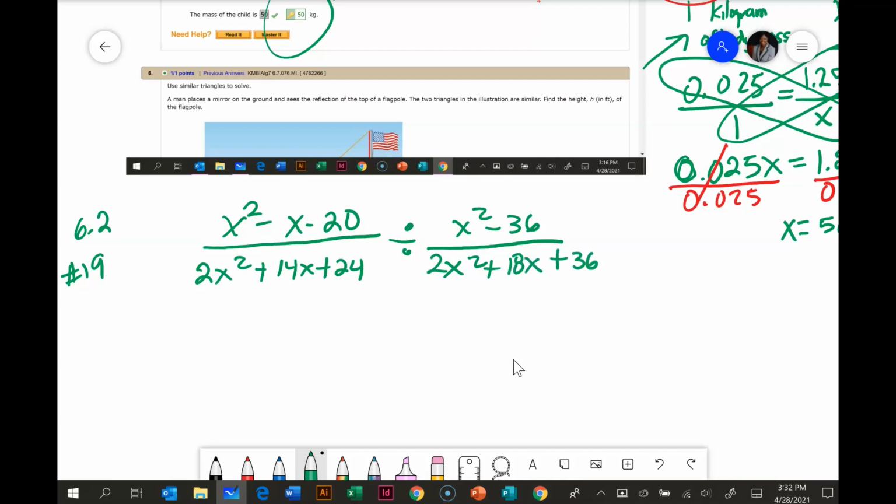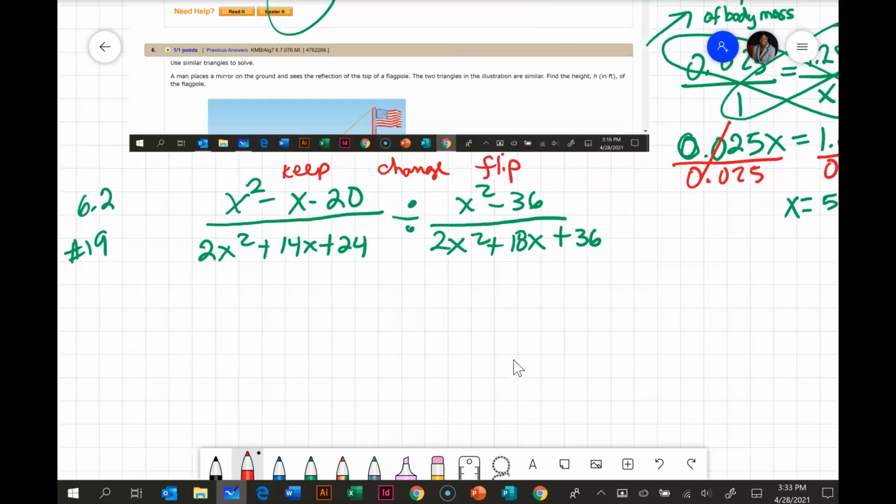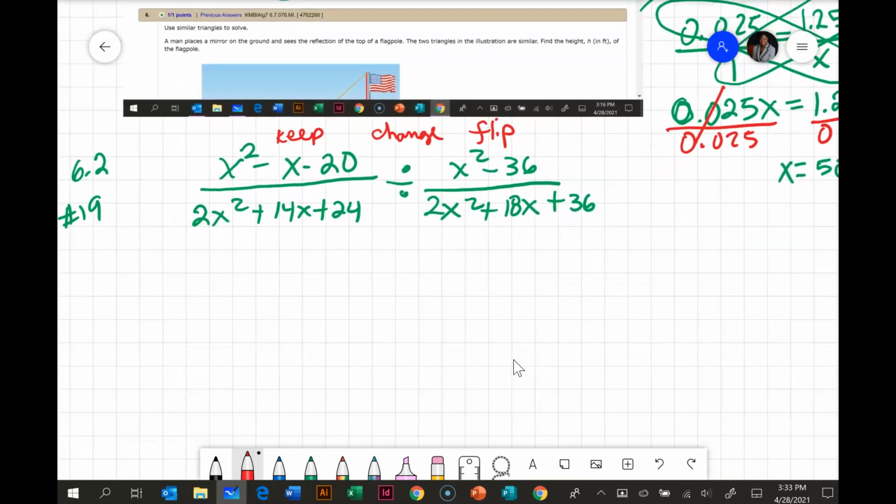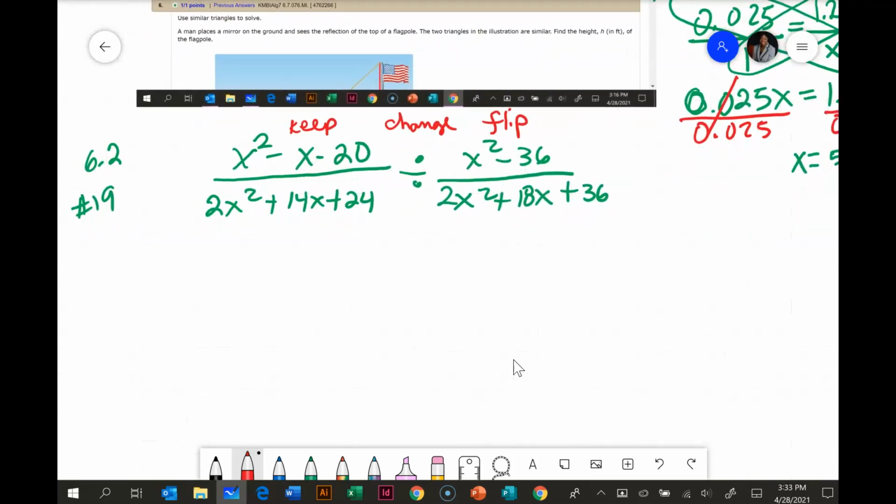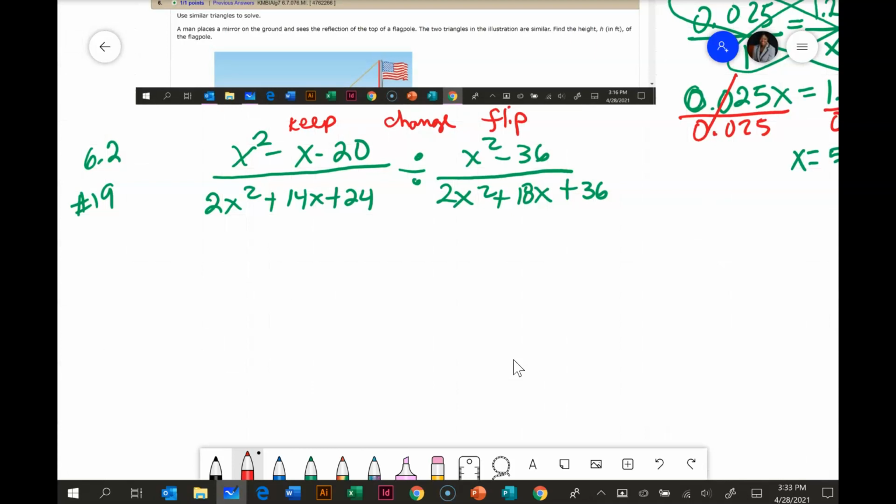So already we need to keep, change, flip. It's best for you to really just go ahead and do that. The best practice is to go ahead and rewrite everything and keep, change, flip. To save time, I'm not going to do that. I'm going to go straight into factoring. All right, so I know that we're going to end up factoring that.